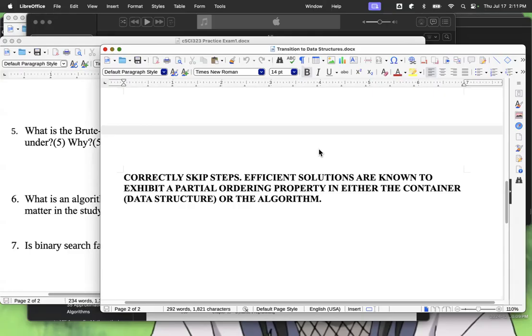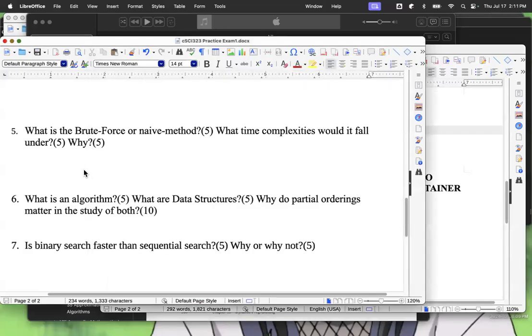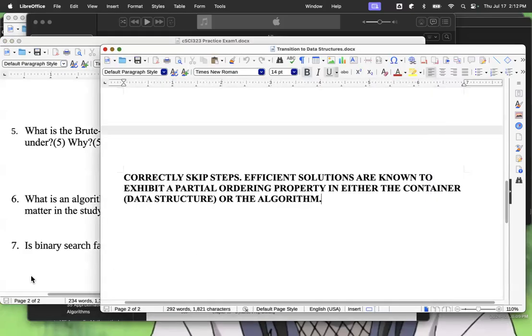Efficient solutions are known to exhibit a partial ordering property in either the container, data structure, or the algorithm. That's why we're not doing brute force with everything. Does that make sense? What is an algorithm? What are data structures? Why do partial orderings matter in the study of both? That's the key part there.